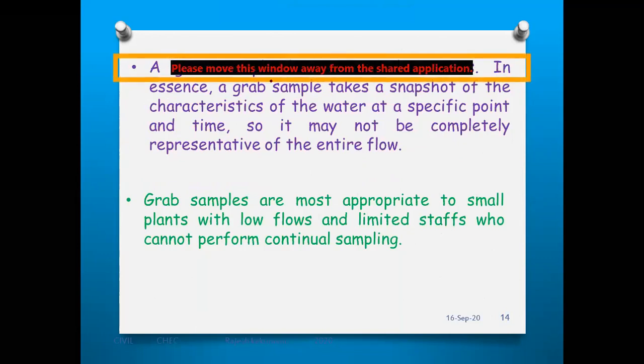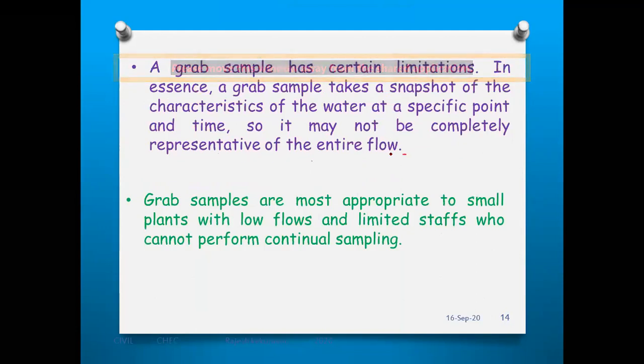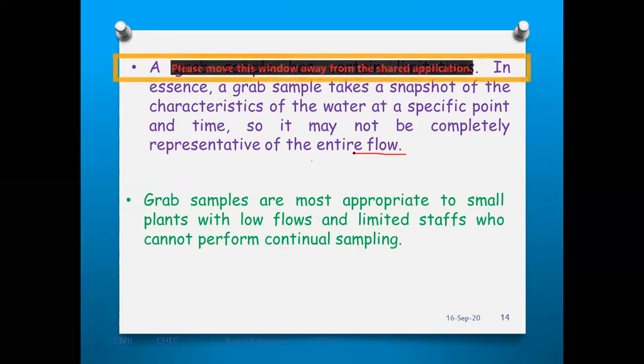Once that is done, the essence of a grab sample is that it takes a snapshot of the characteristics of the wastewater at a specified point in time, so it may not be completely representative of the entire flow. So the grab sample has certain limitations. Whenever you are taking the grab sample for inspection, you have to take snapshots, step by step, to know the characteristics of the wastewater at a specific point of time, right?